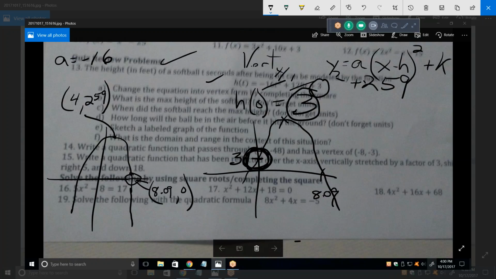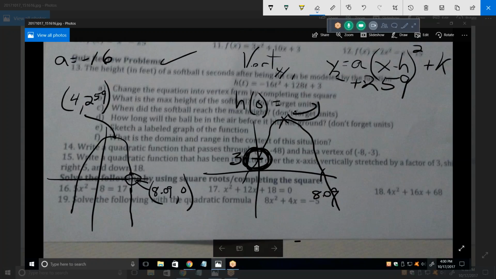What is the domain and range in the context of this situation? If we look at the original function, what's the domain on this original function?